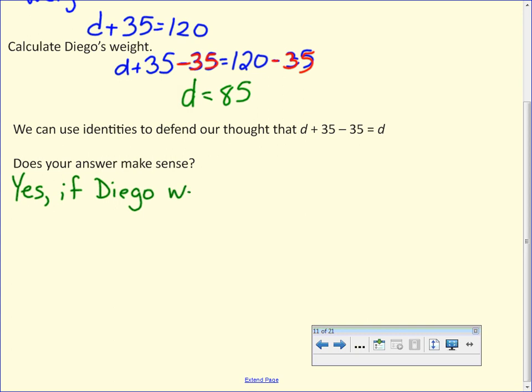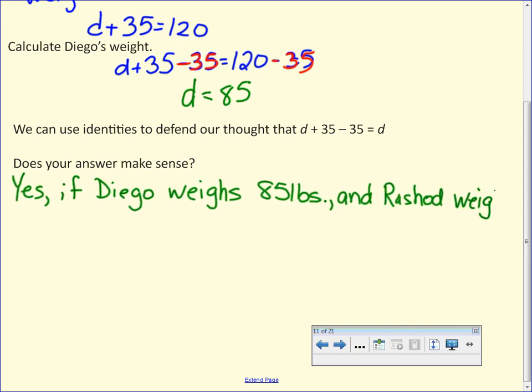If Diego weighs 85 pounds, and Rashad is 85 plus 35, which would be, Rashad was 85 plus 15.